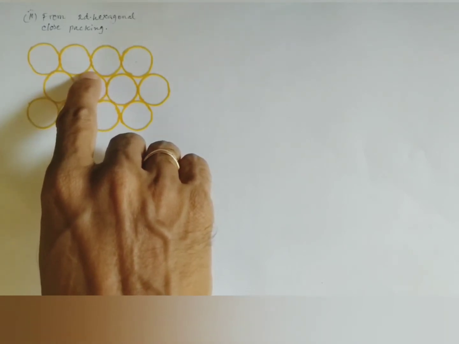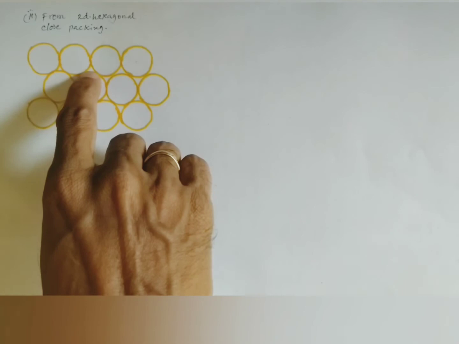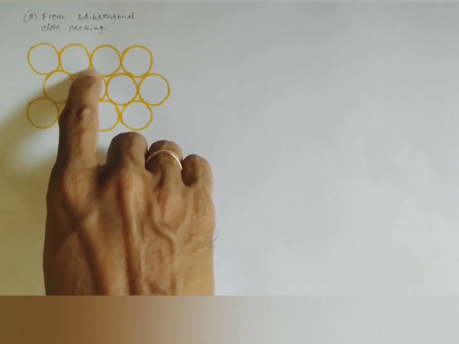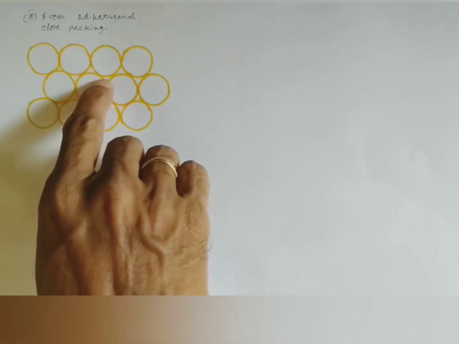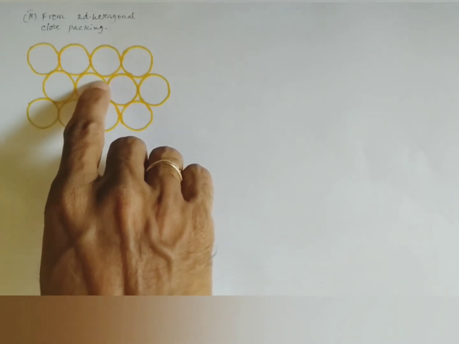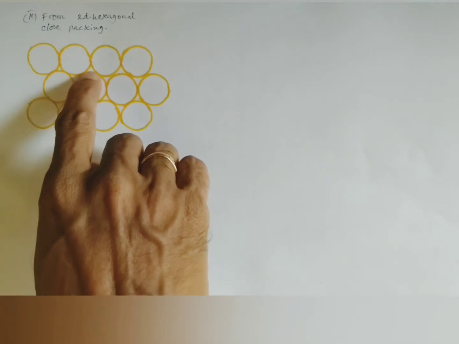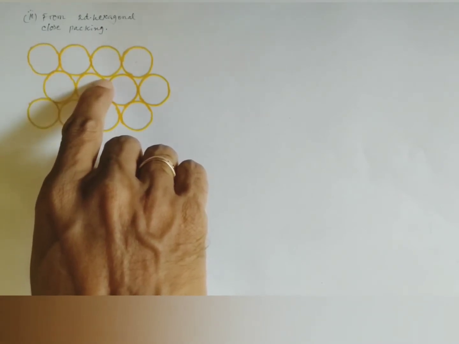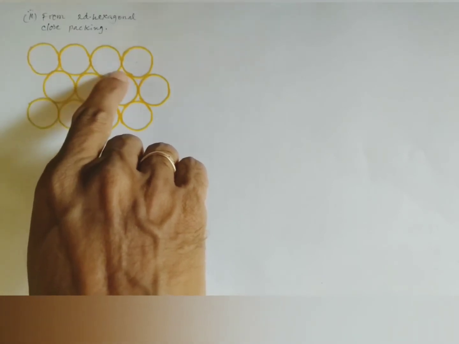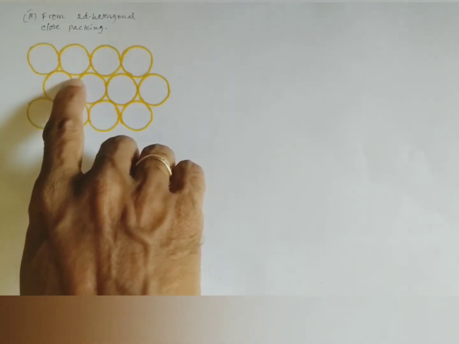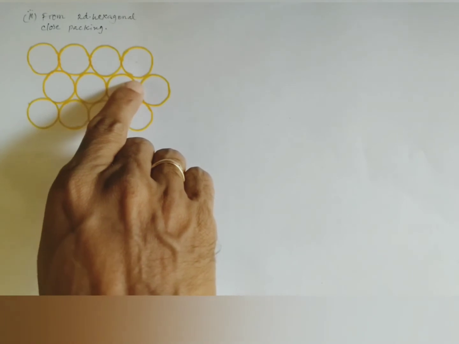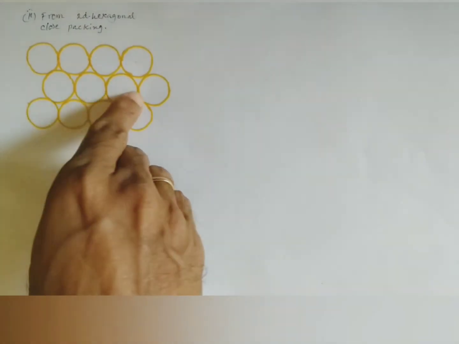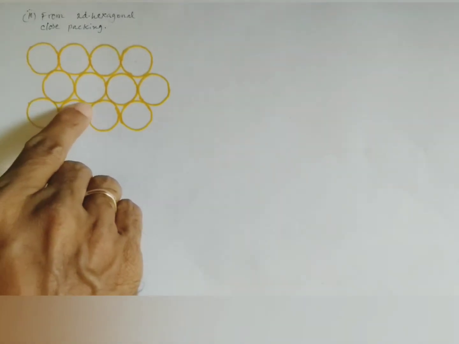In this trigonal void, the apex is pointing upwards, whereas this is the other type of trigonal void, it is pointing downwards. So let us label it as A and this one as B. This and this belong to A type, this one and this one belong to B type. Similarly this is A, and this is B, and this is B.